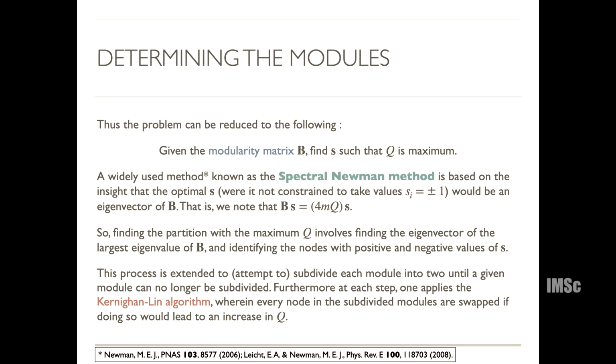So what we do is we take the eigenvector and then just look at the signs. We find the eigenvalues and eigenvectors of B, look at the largest eigenvalue, the corresponding eigenvector, and just look at the signs, right? The plus signs correspond to S equals +1, and the minus signs correspond to S equals -1.